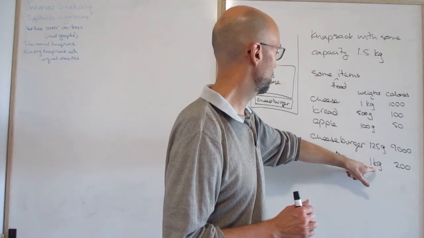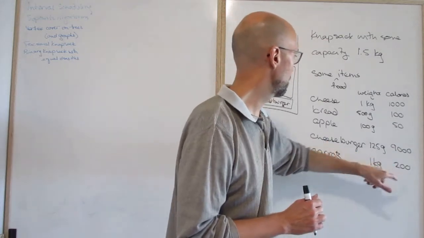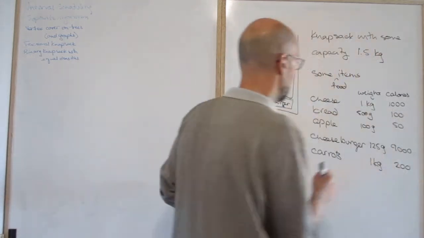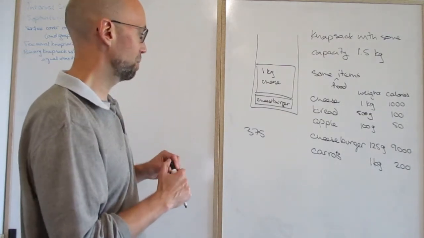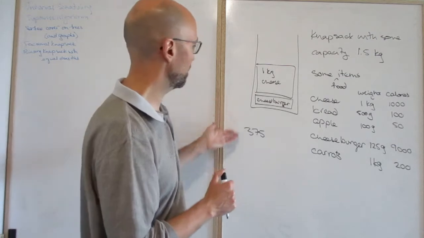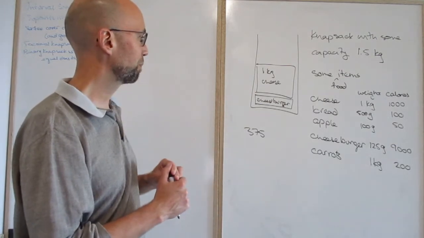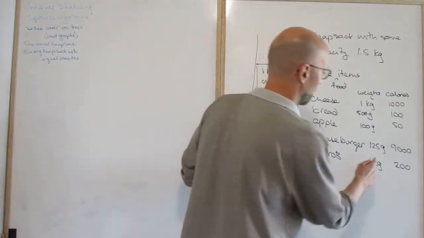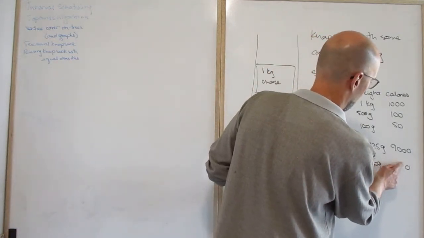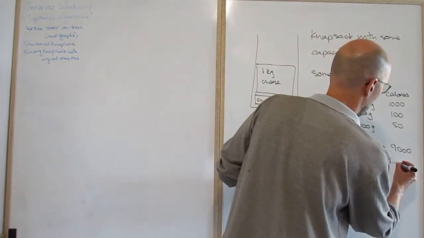And this is 1.5 to 1. So we could take the carrots, or we could take the bread. It doesn't matter if you take the carrot, but you can only take 375. So let's say that this was 150, so that we're going to take the bread.